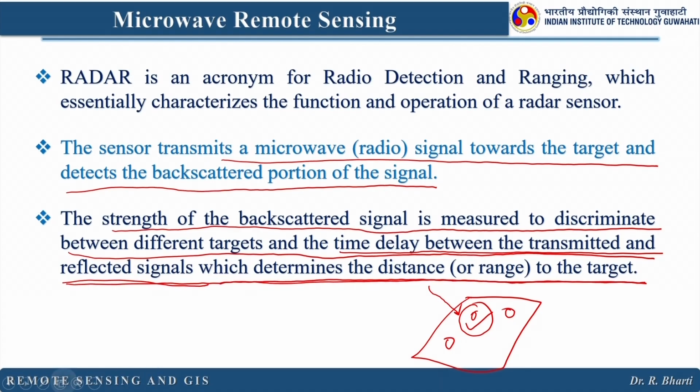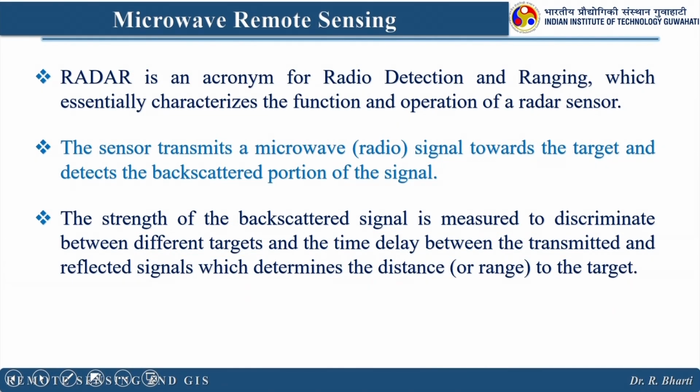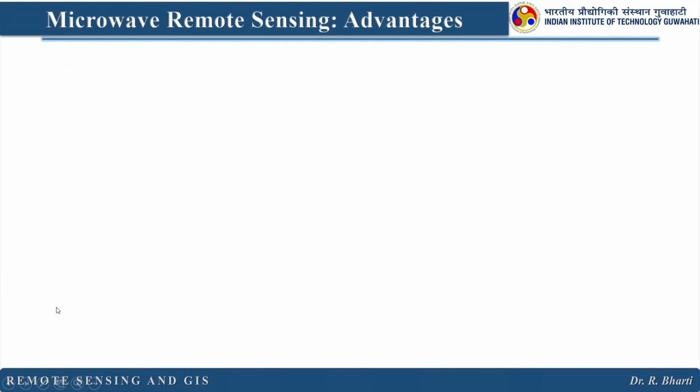So that is the advantage when we are using this microwave remote sensing. It has a few advantages which are very distinct, and you cannot avoid this when you are having such problems. So let us see what those advantages are.